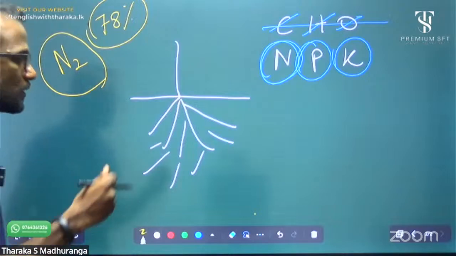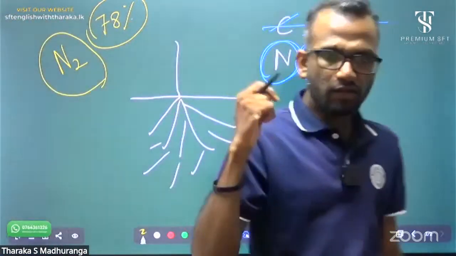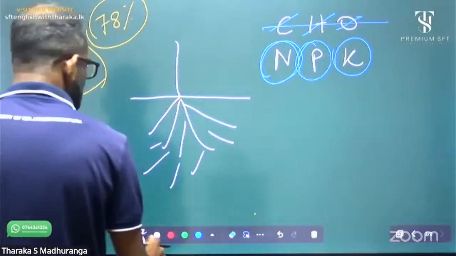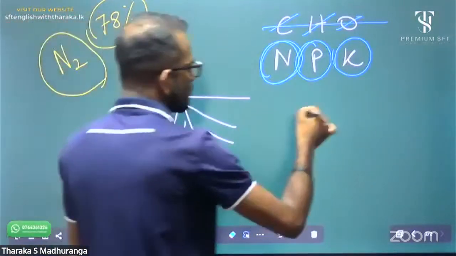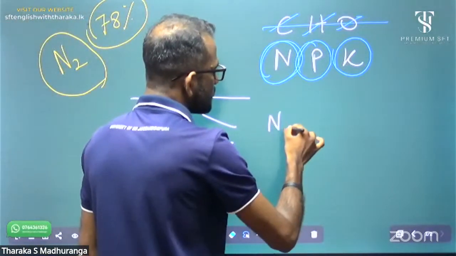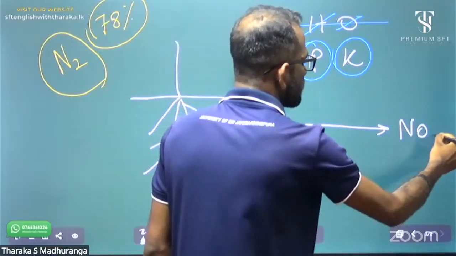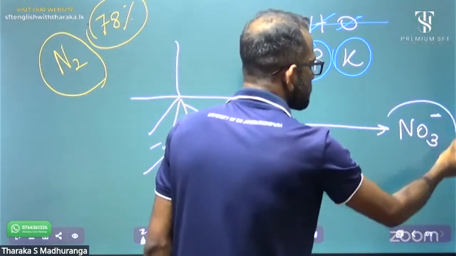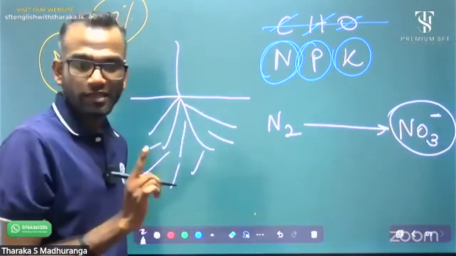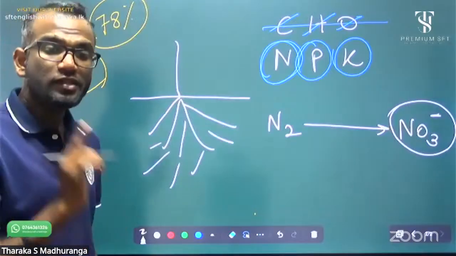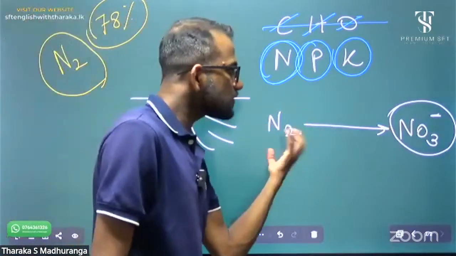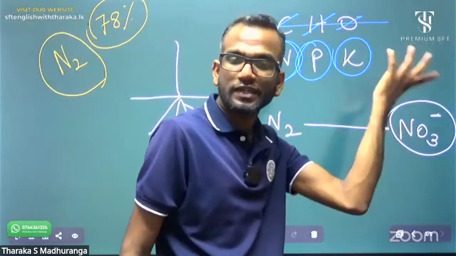Therefore, to absorb nitrogen, nitrogen gas needs to be converted into NO3, the nitrate ion. What is its name? Nitrate ion.